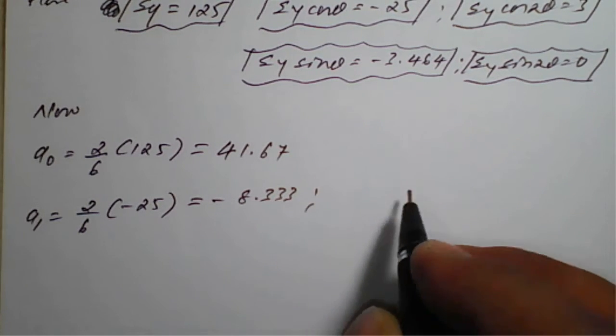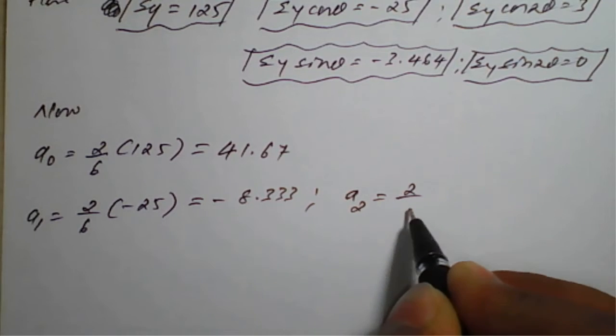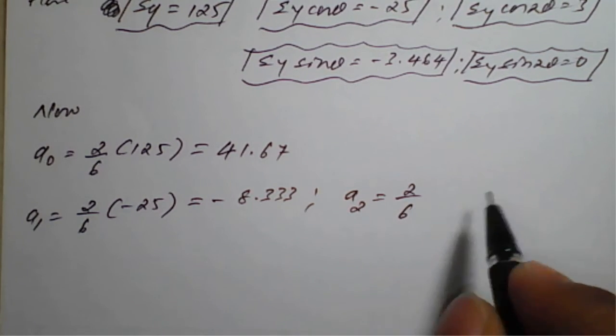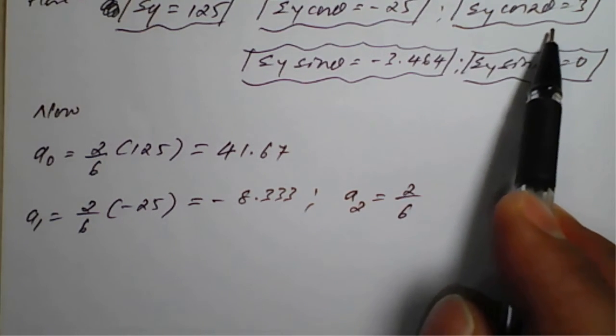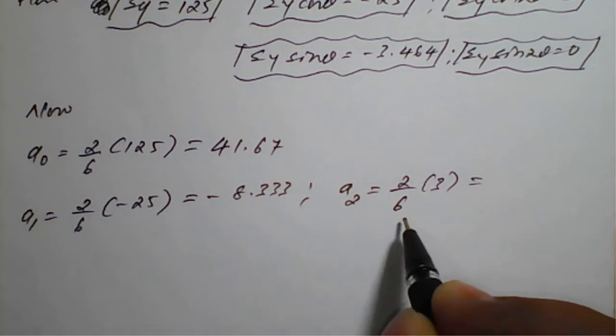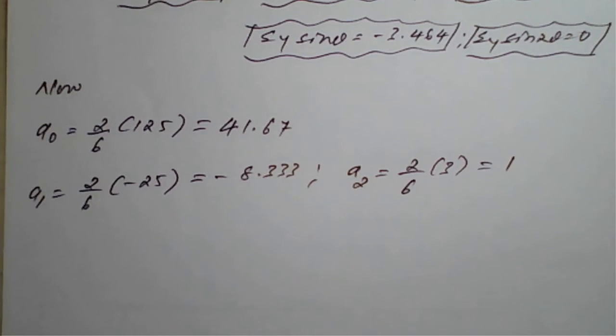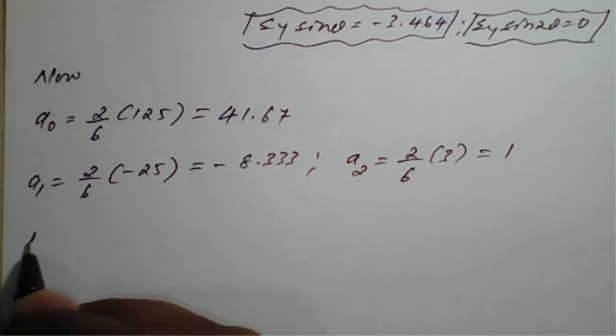Similarly we need to find the value of A2. A2 is equal to 2 upon 6 times the summation of y cos 2 theta, which is 3. So 3 twos are 6, and you will get 1. Next we'll go for B1.